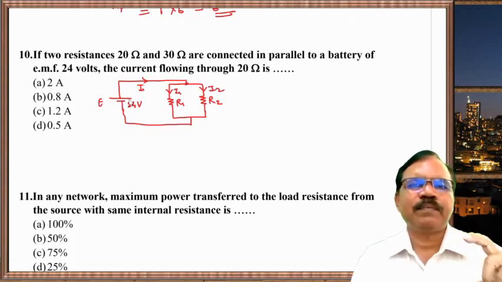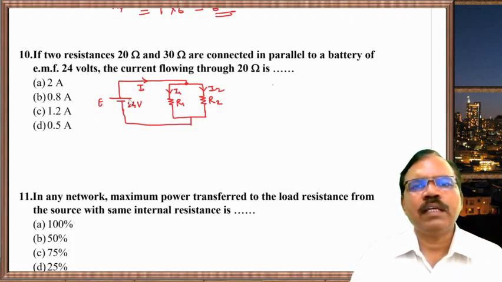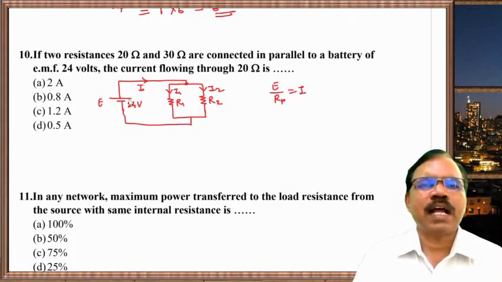Now potential difference across R1 and R2 will be same. So E upon RP is equal to I. And what is I1?